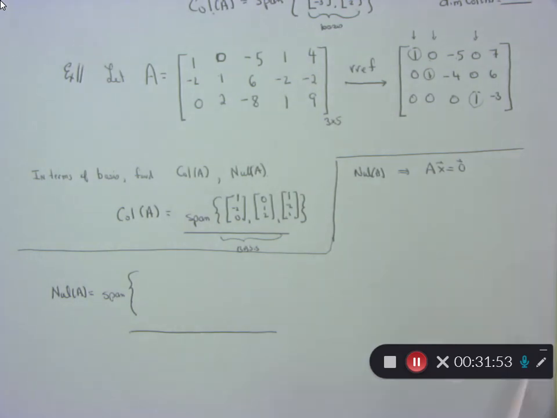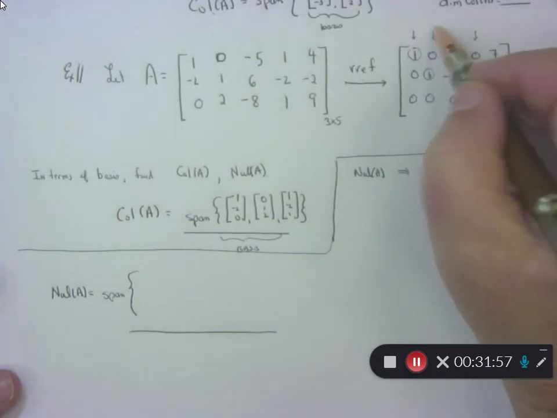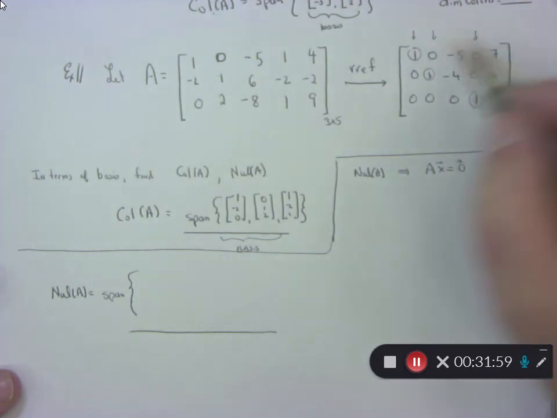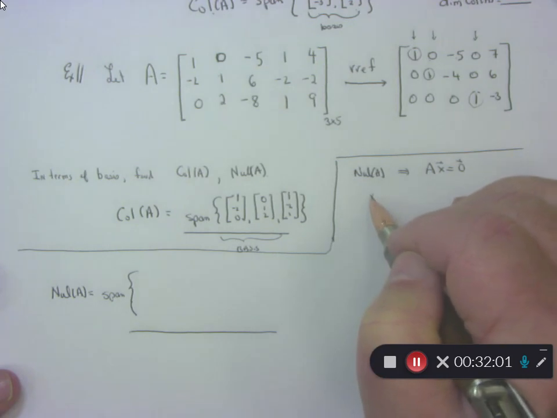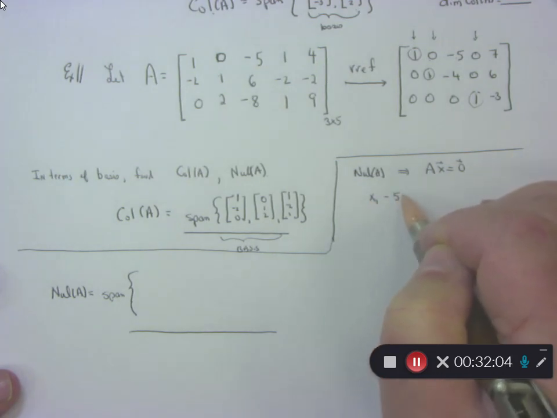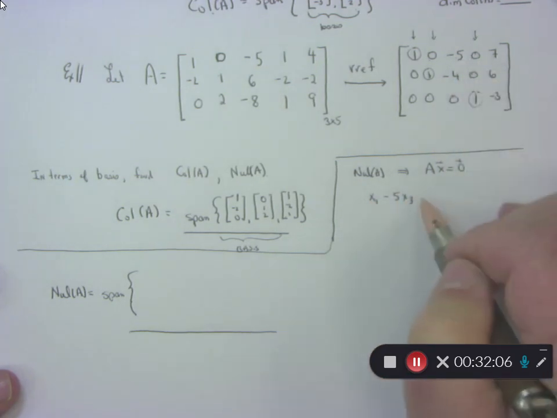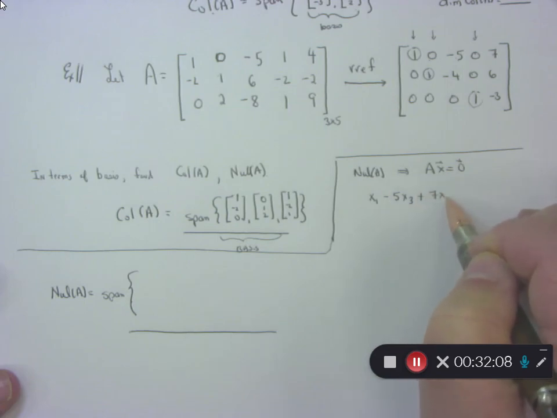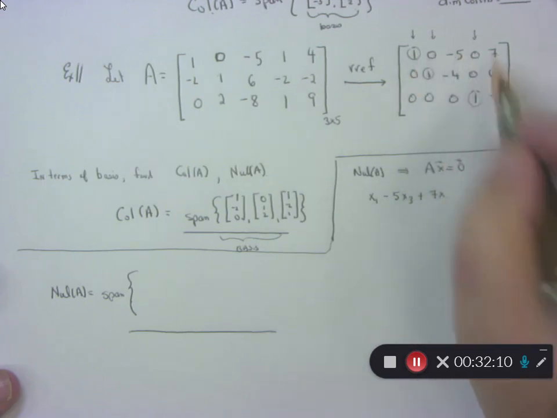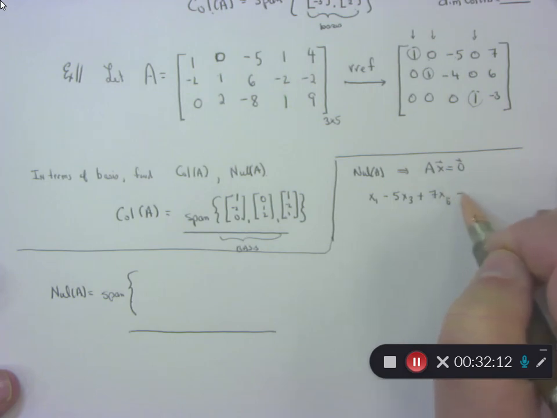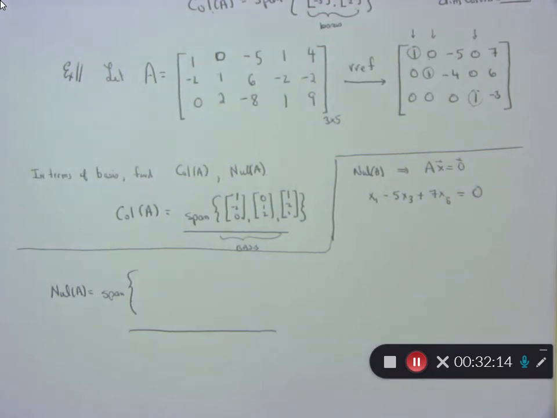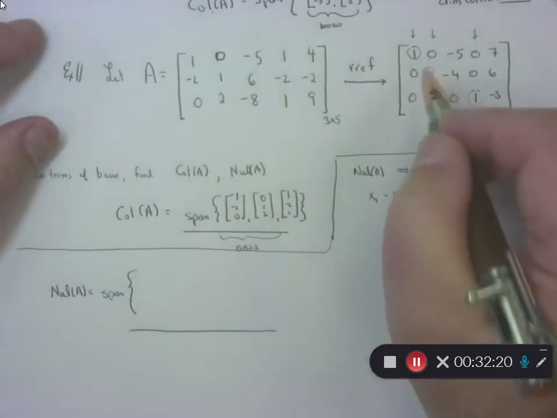Well, I went ahead and did my row reduction, so I'm going to rewrite this as equations. This would be x1, x2, x3, x4, x5. So I get x1 minus 5x3 plus 7x5 equals 0. Remember, null space. I didn't augment it with 0, but do you really need to? Think about it. Okay, so what about the next equation?